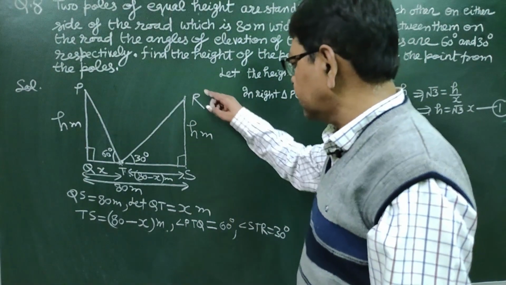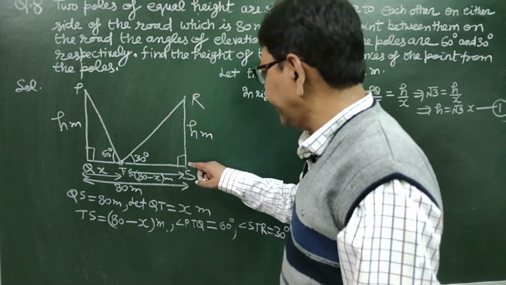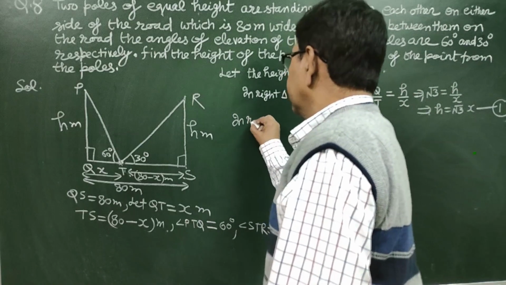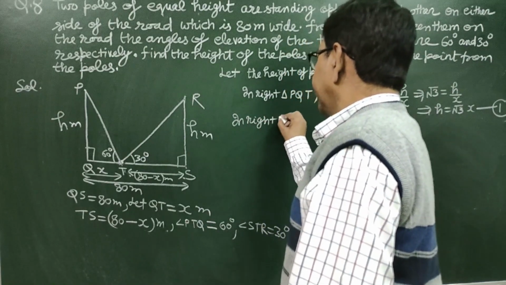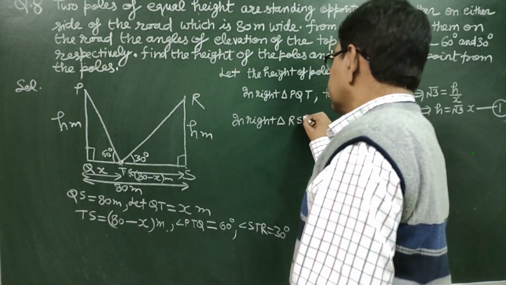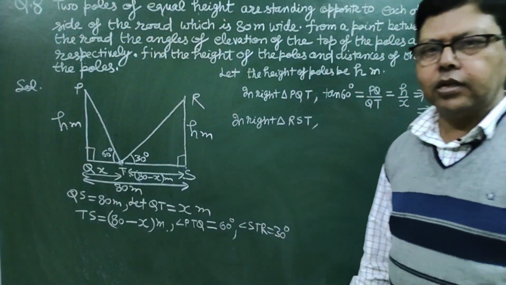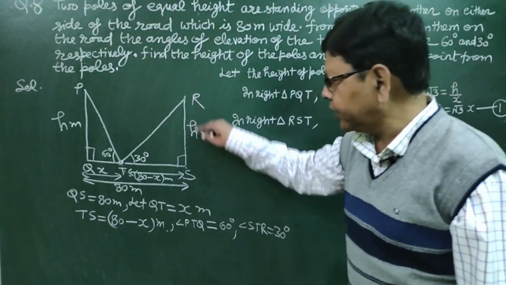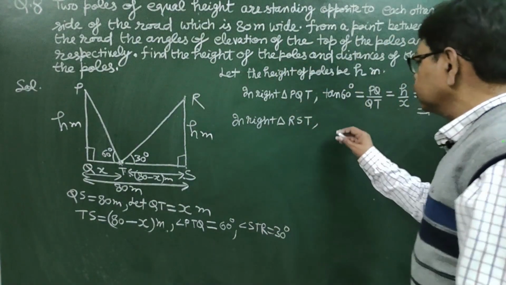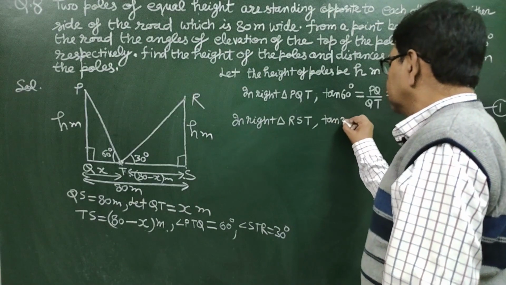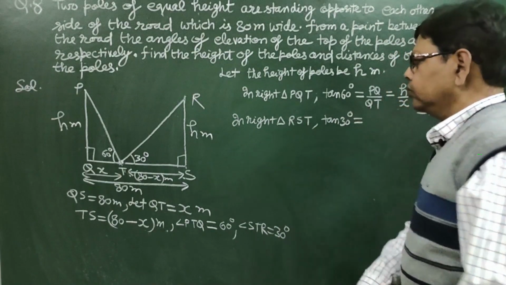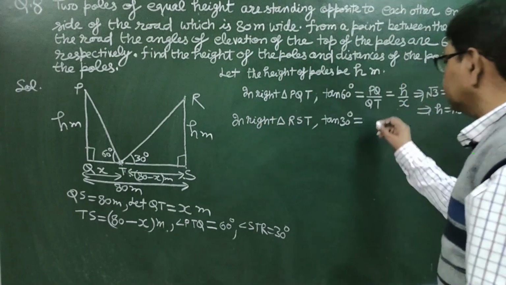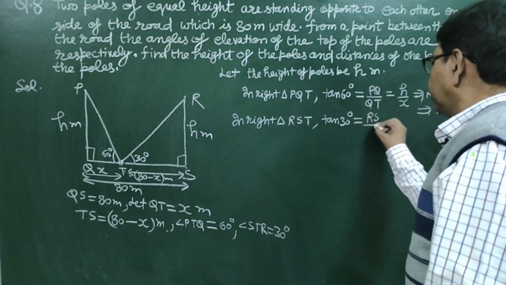Now let us consider the other right triangle, that is RST. In right triangle RST, again we will consider the trigonometric ratio tan because perpendicular and base are involved. So tan 30 degrees is equal to RS, the perpendicular, upon base TS.